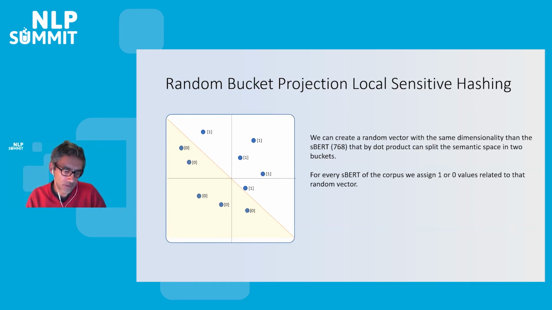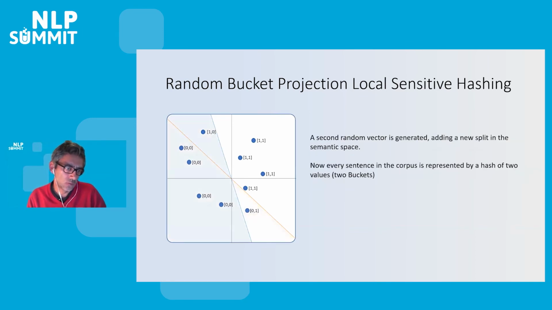We can repeat the same approach by adding a new vector now in blue, and so now every entity will be represented by 2 binary numbers, 1 or 0, depending on which side of the random vectors those entities are.